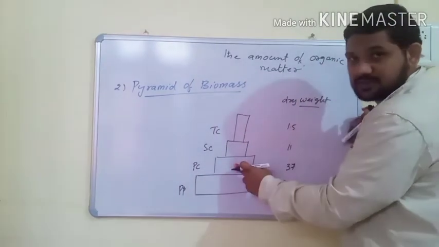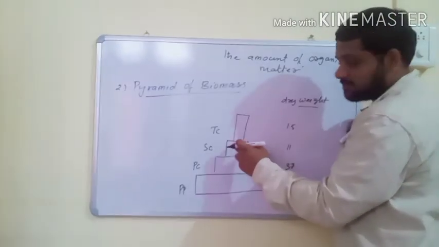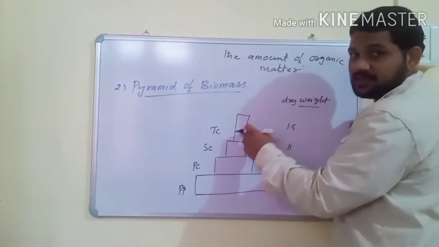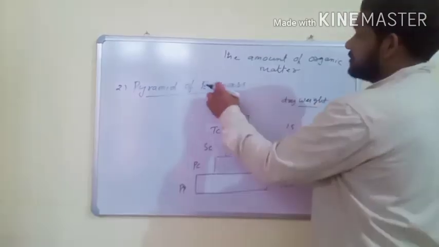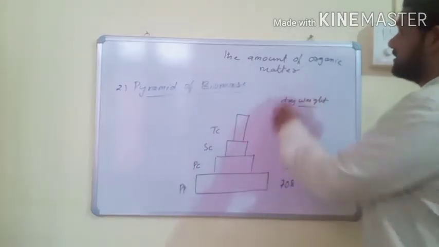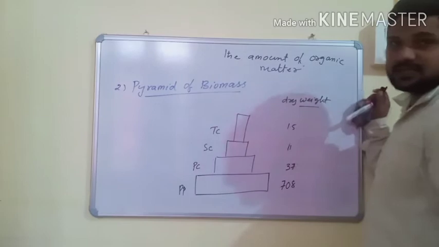Primary consumers means herbivores, secondary consumers means primary carnivores, tertiary consumers means top carnivores. So what is the pyramid of biomass? Firstly you should know what biomass is. The amount of organic matter is known as biomass.